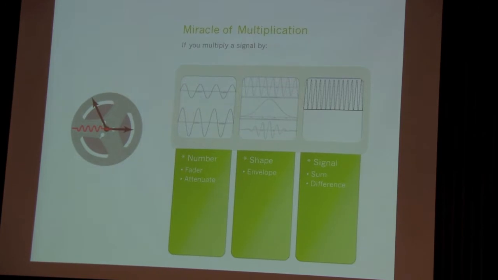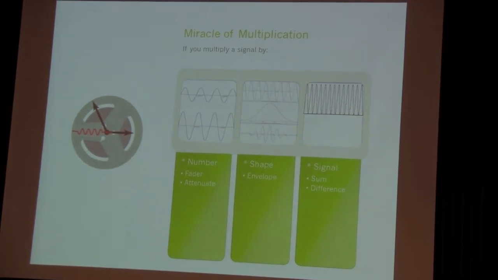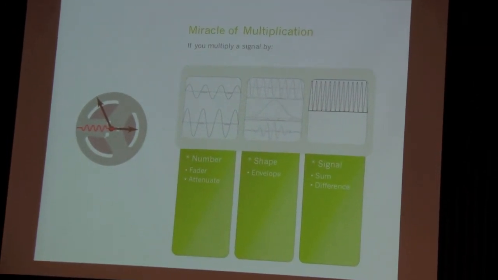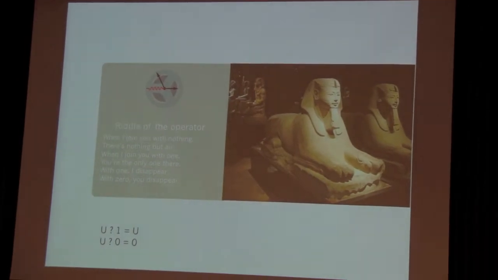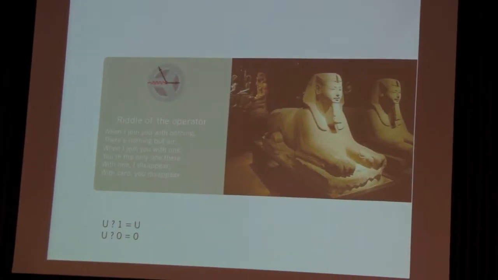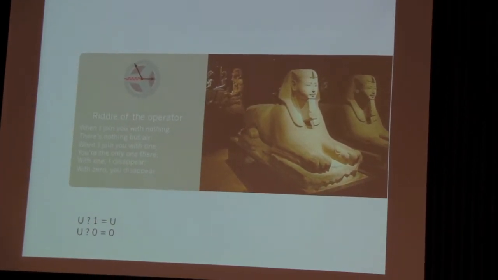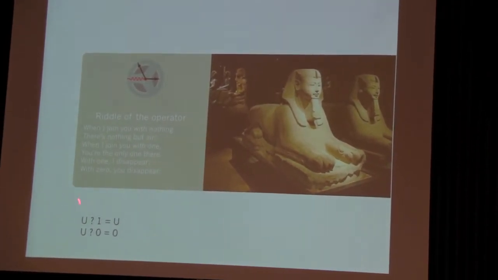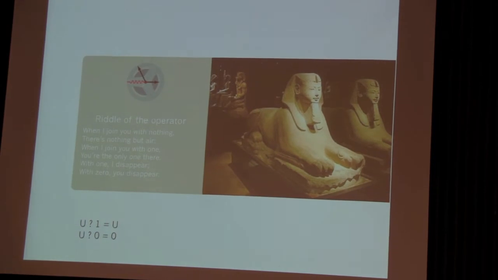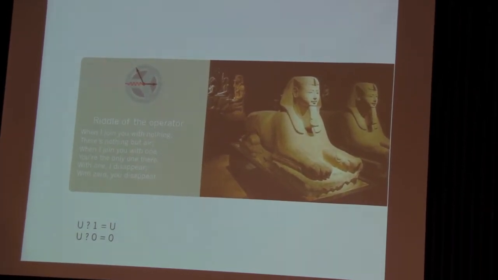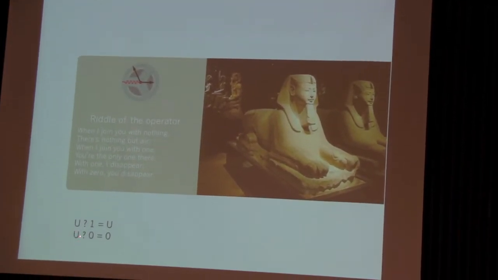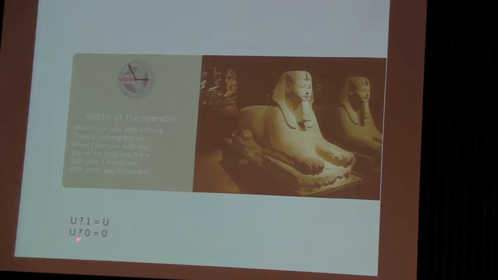It's a multiplication. Because, let's see, if you replace this question mark with times, then u times 1 is u, so the 1 kind of disappears, and u times 0 is 0.